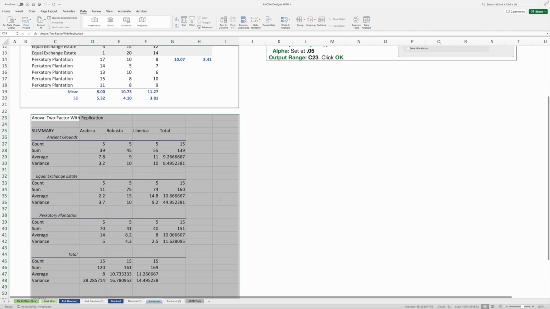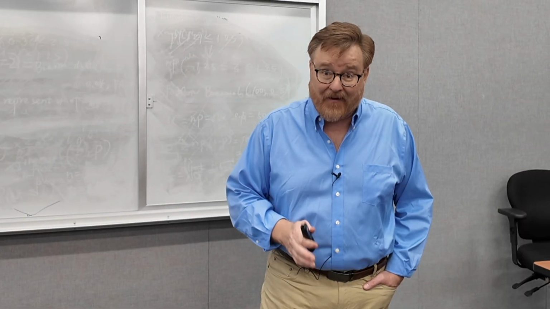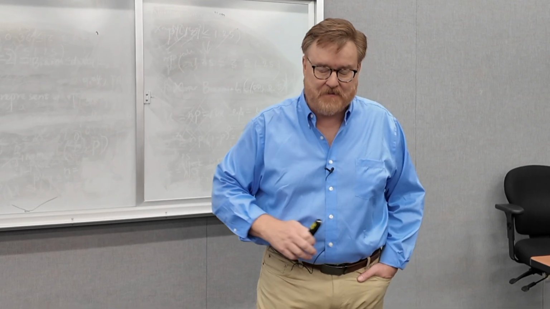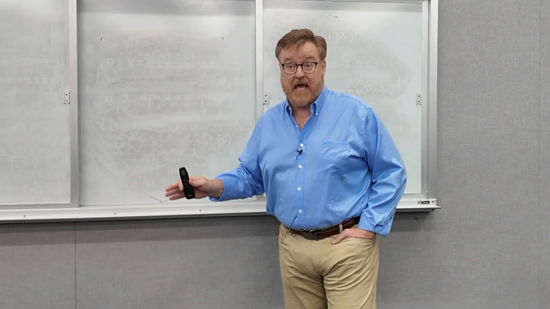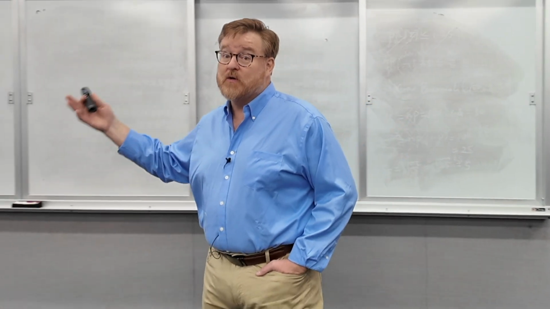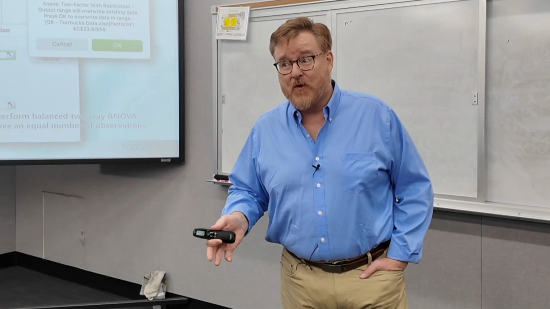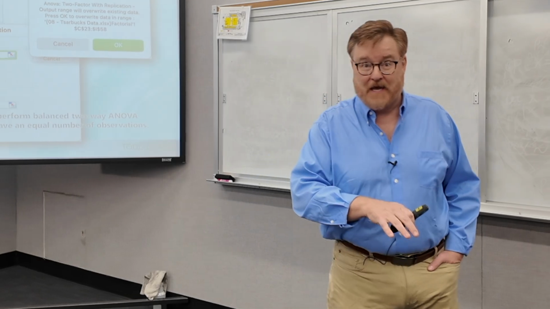Now it's important to note that Excel can only do balanced ANOVA designs. What that means is, as long as our groups all have the same number of replications, we can do this factorial ANOVA in Excel. However, in the real world, it is not at all uncommon that we will have different numbers of replications.